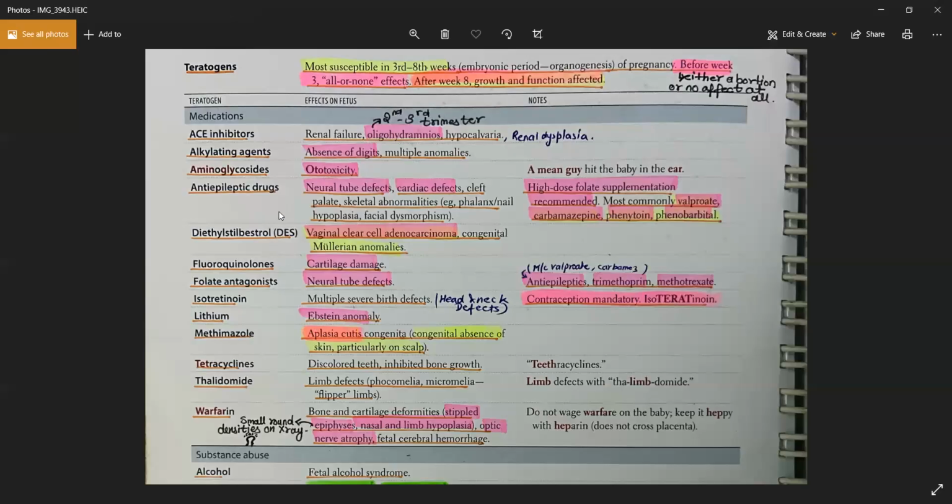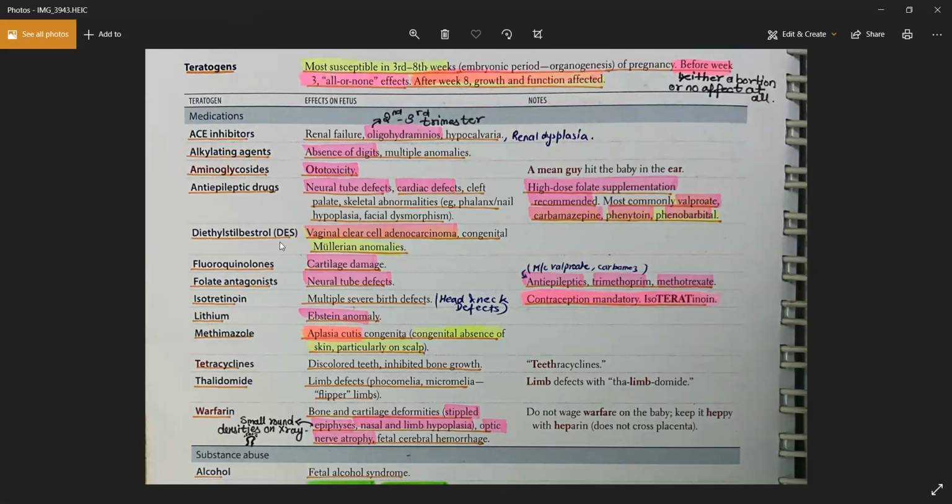Similarly, cleft lip and palate defects can happen, hypoplasia, facial dysmorphism. If you guys remember the phenytoin, the fetal hydantoin syndrome, remember? You have nail defects, cleft lip and palate defects, and other defects also. So nail hypoplasia, all these things can happen with the anti-epileptic therapies.